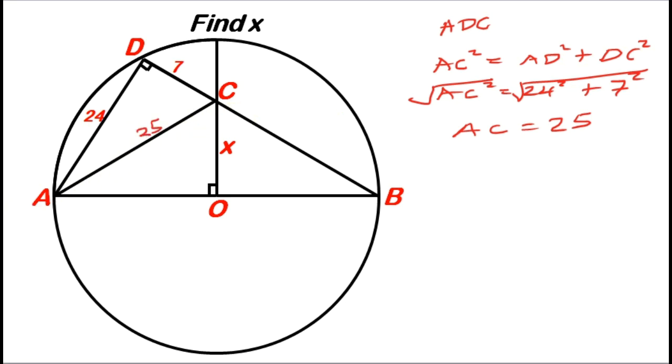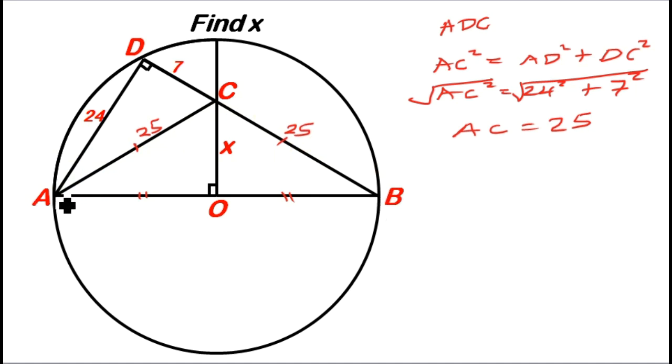Now if you look at the diameter AB, the perpendicular bisector from point C to the diameter AB will divide it into two equal parts, meaning from O to A is the radius, which is also the same as from O to B. And if this is a perpendicular bisector, then automatically this length is equal to that length. So when AC is 25, then CB is also 25. Now the next thing is to find the diameter AB.